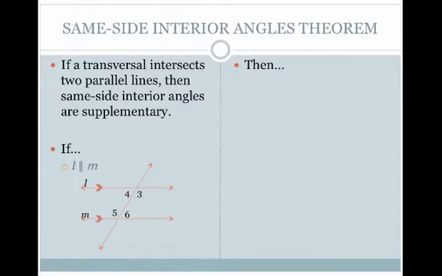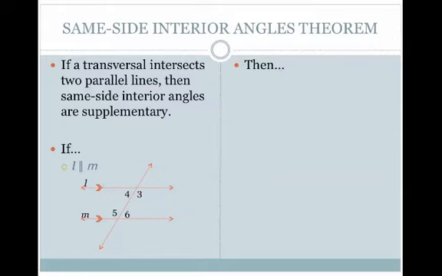Okay, your next theorem says same side interior angles. If you have parallel lines, same side interior angles add up to 180. So remember, none of these theorems applied in the last section because we didn't have parallel lines. These theorems are only working in this section because line L and M are parallel.